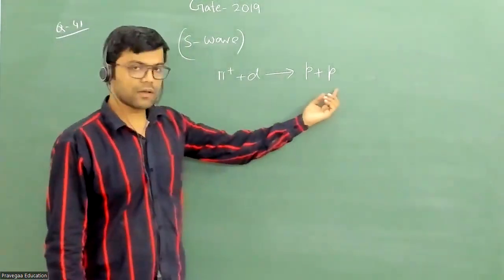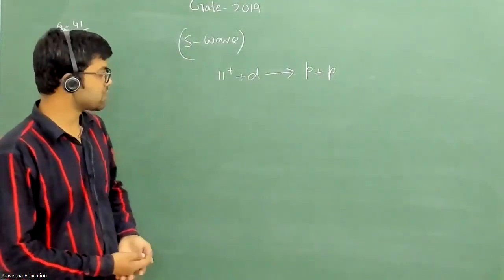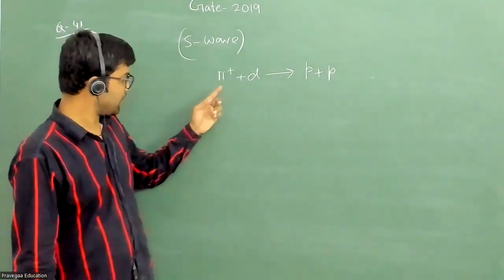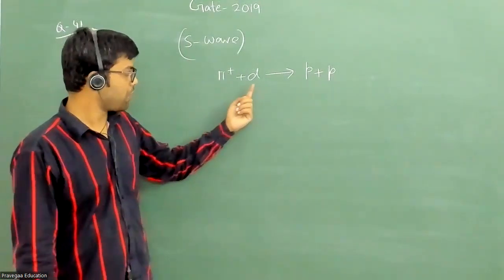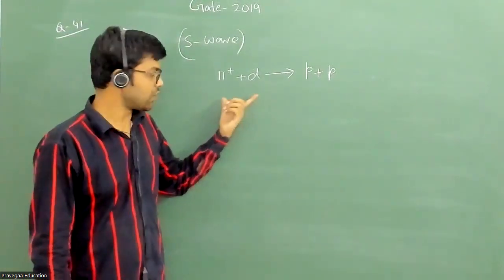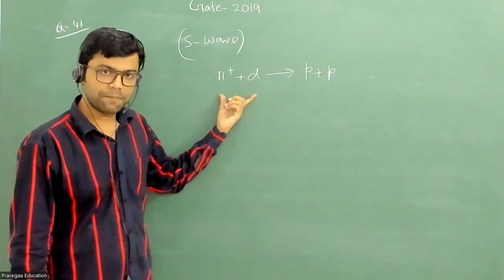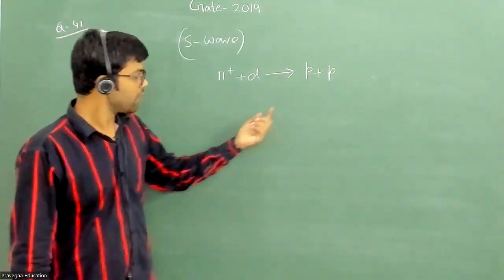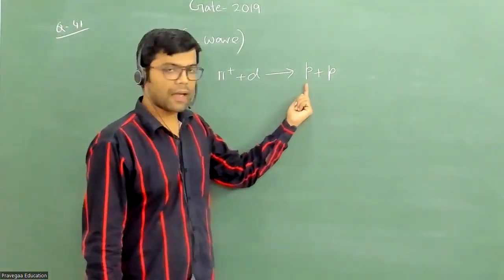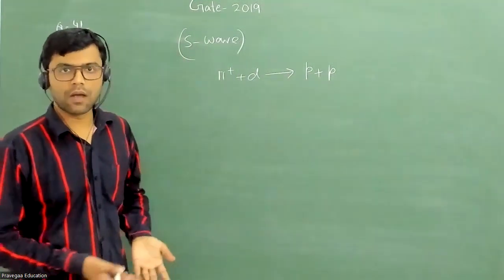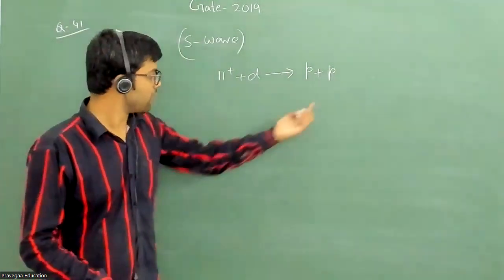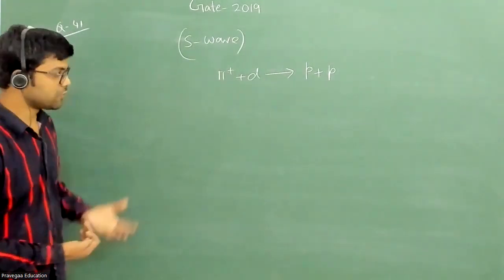None of them is a lepton here, so lepton number will be conserved. Now the spin. Spin of the pion is 0, however the spin of deuteron is 1. So on the left hand side, you will have net spin 1. On this side, you have protons having half spin each. If you take the vector sum, half plus half, that will be 1. So that will match the left hand side. So spin will be conserved.